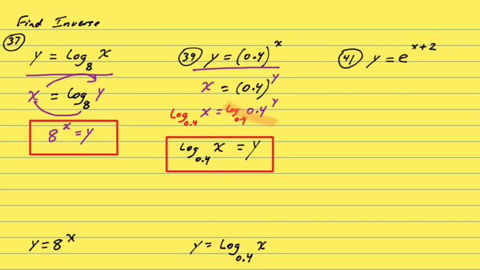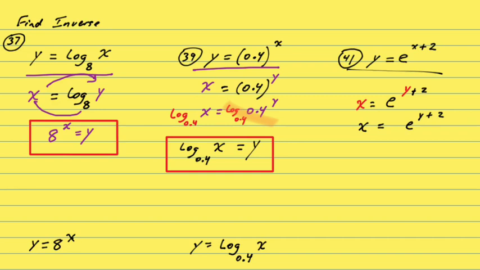Now, 41, if I switch x and y here, what's going to happen? This is going to be x, this will be a y. I want to solve this for y. And I haven't taught you all this yet, but maybe we can pick it up as we go a little bit because it's all going to be coming around in this chapter.